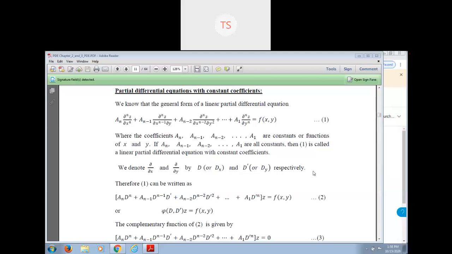Tell me the form of first order PDE. Del z by del x, ma'am.